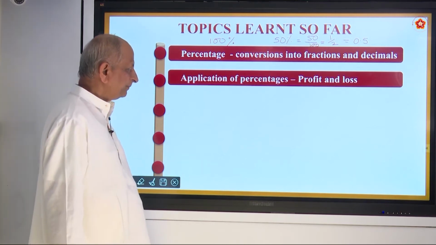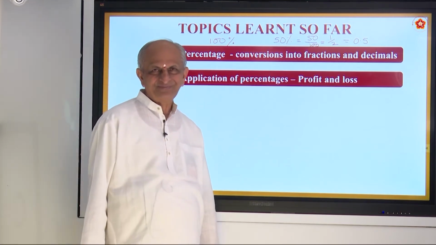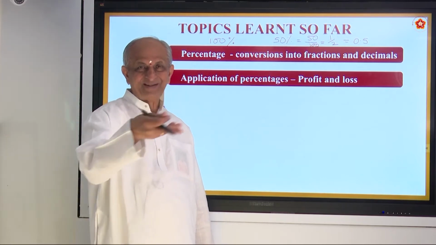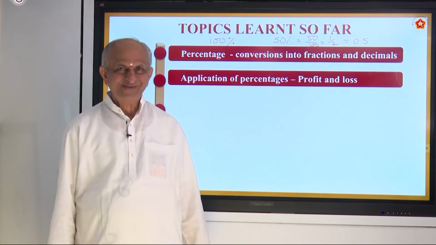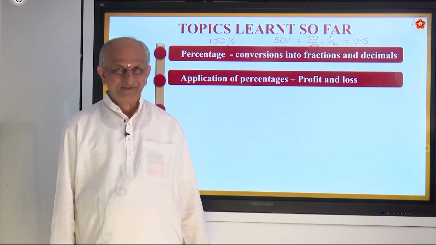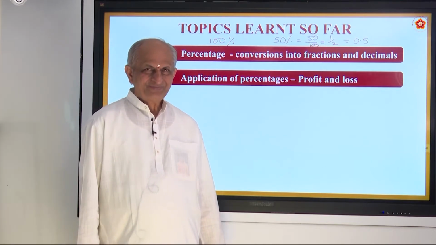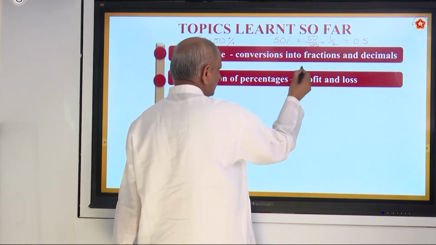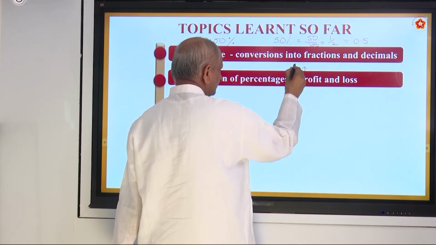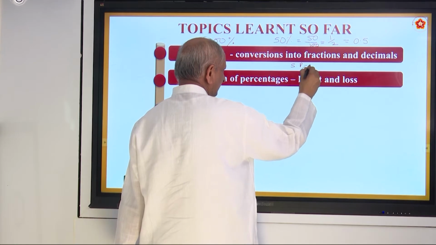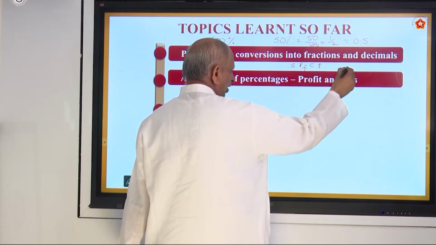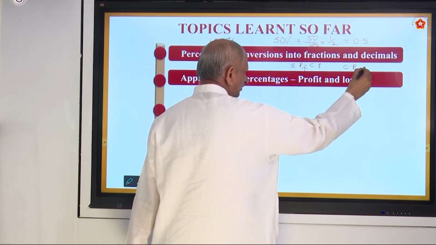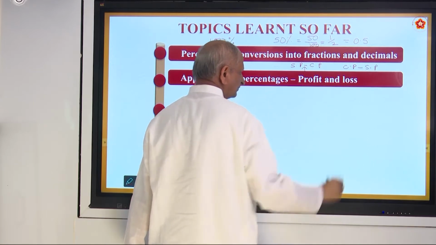Also, we have seen about profit and loss. Usually, business people are there. Some of you know what is meant by profit. If the selling price is more than the cost price, we get profit, so SP minus CP. If the cost price is more than the selling price, you have loss.